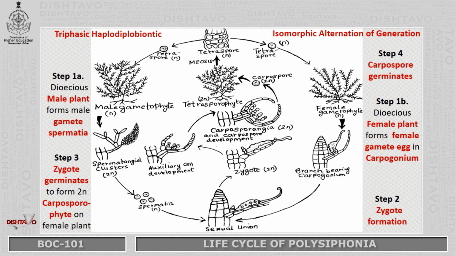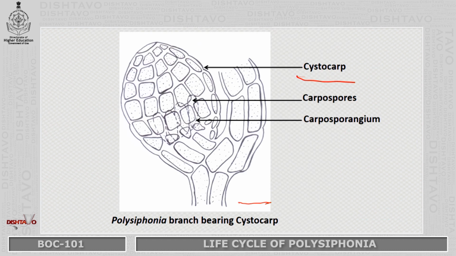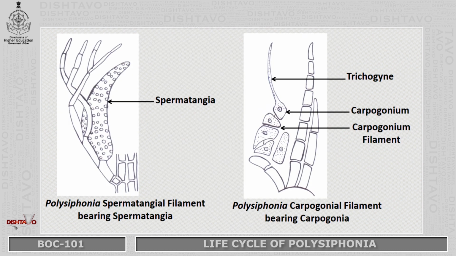This is all about the life cycle of Polysiphonia. These are the photographs of the Polysiphonia spermatangial filament, which bears spermatangia, and the carpogonial filament, which bears carpogonia.